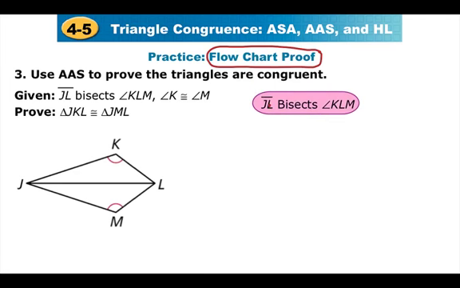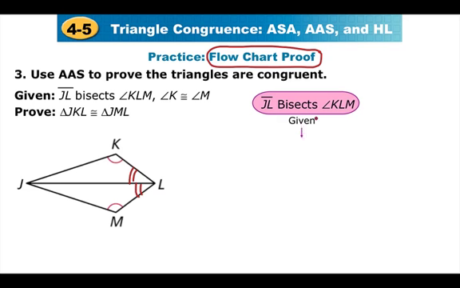We write the given information. JL bisects angle KLM, and right below we write that it was given. And this is what this gives us. Angle KLM. So then you know that this angle is congruent to this angle.